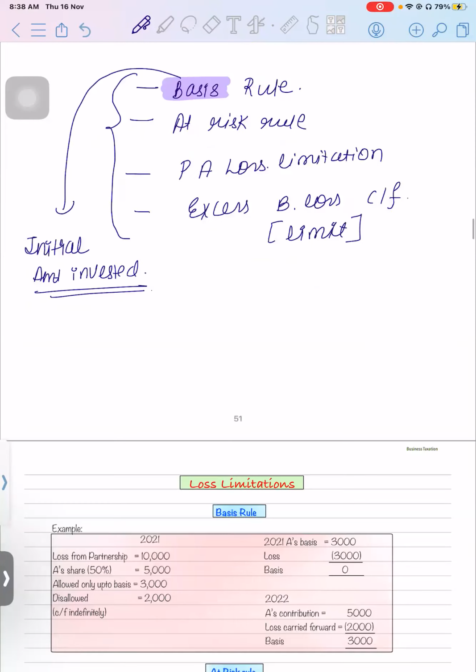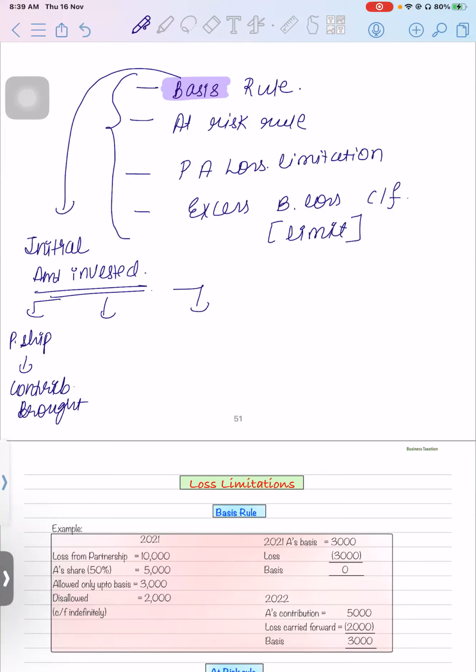Okay, now let's think from all the 3 different points of view. If it's a partnership firm, what do you mean by basis? Whatever contribution you have brought into that firm will be your basis. So can I say contribution brought into the firm? But that is called initial basis.